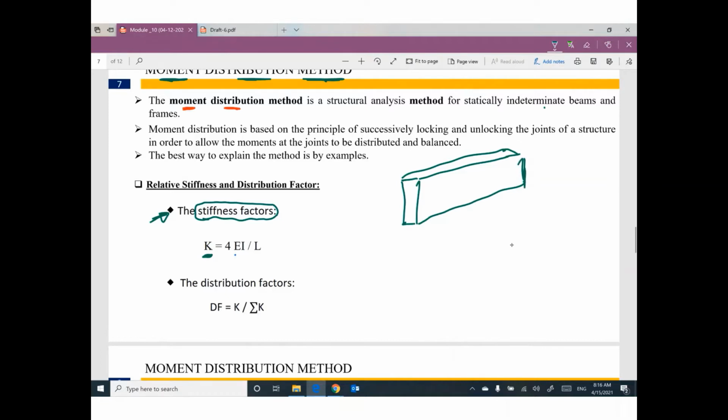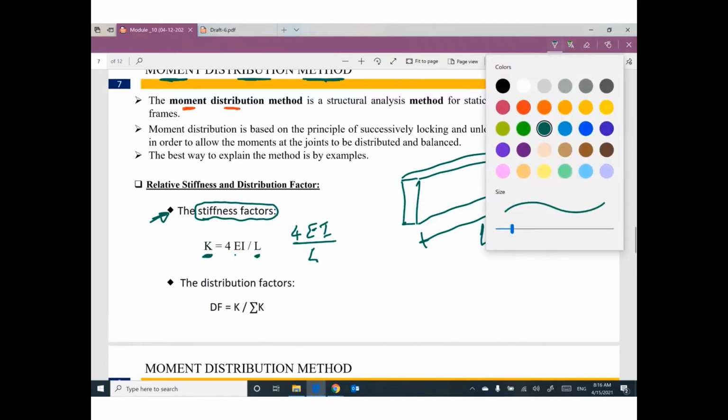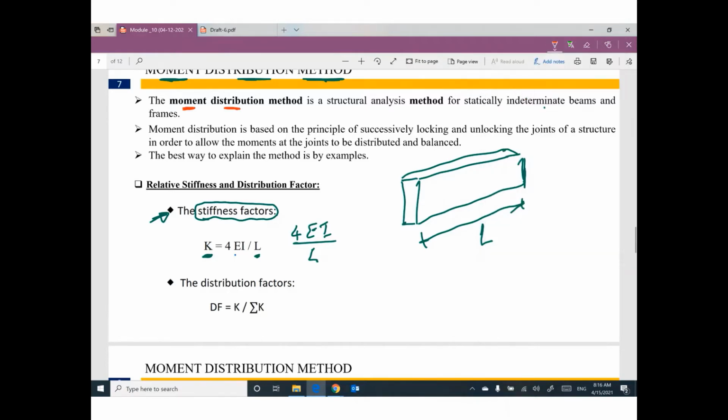This beam has length L in the denominator, 4EI divided by L. I would like to explain and to confirm this information. L is the length of the member.